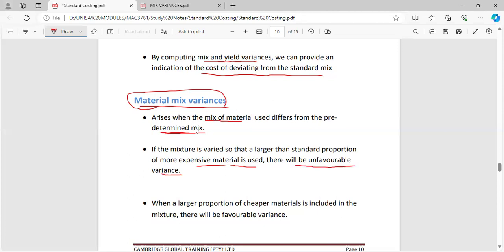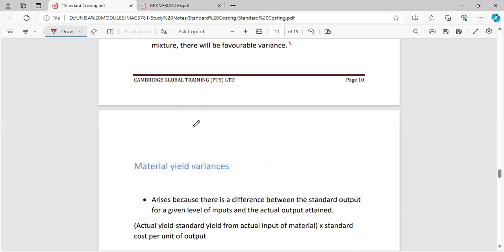What they are saying here is, in your budget, if it happens that the actual uses more expensive materials in the mix, more of the expensive material in the mix, then it means you are going to have an unfavorable variance in that case. The same applies here, it's going to be vice versa, right?